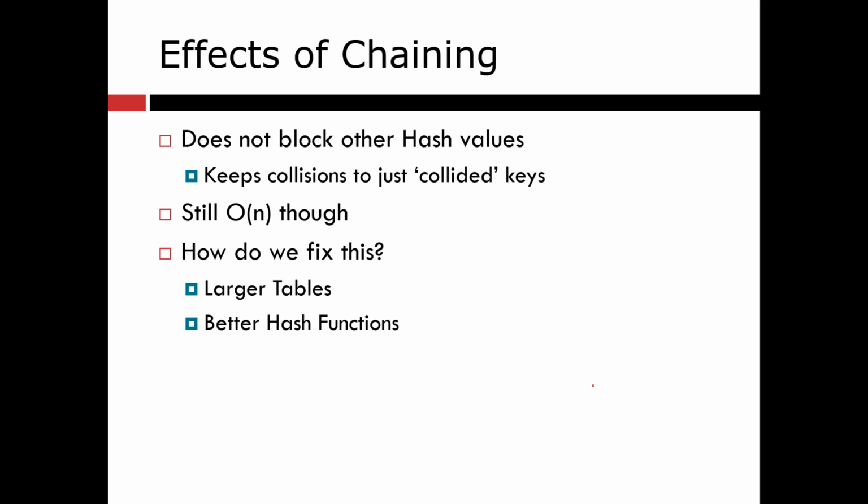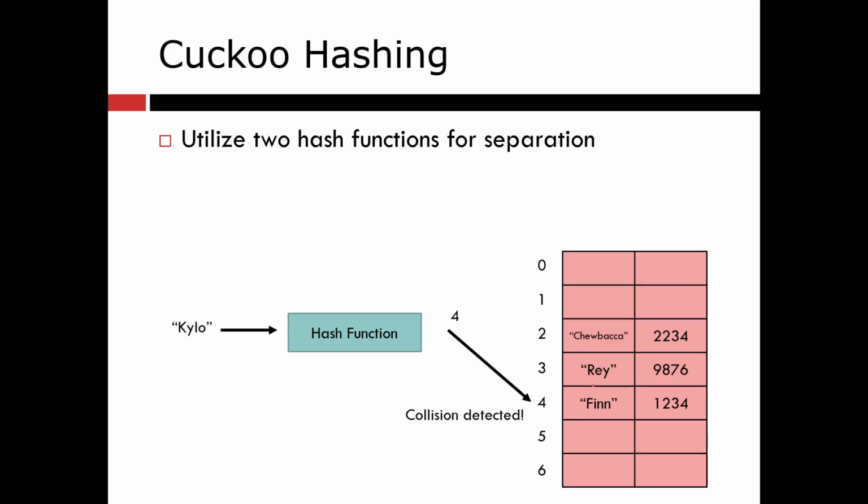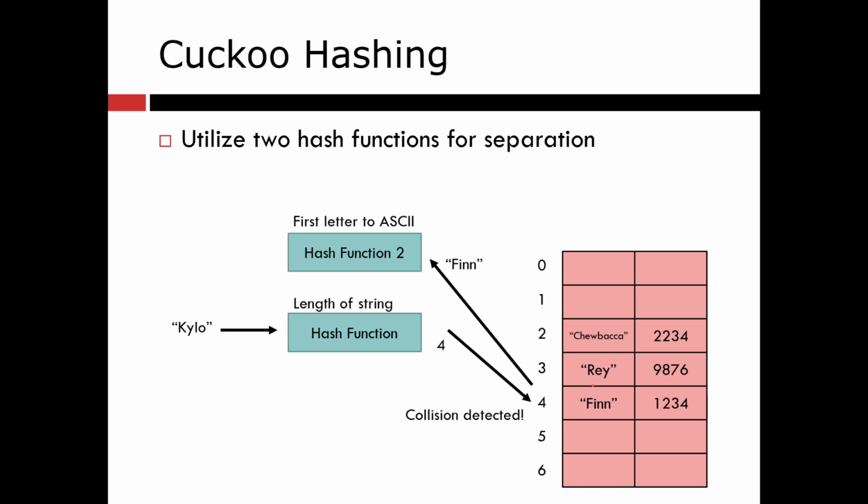All right, so the third strategy we're going to use is called cuckoo hashing. For this, we're going to use two different and distinct hash functions. When we detect a collision with our first hash function, so in this case, Kylo is going to detect that it collides with Finn, then we're going to pass Finn into a new hash function.